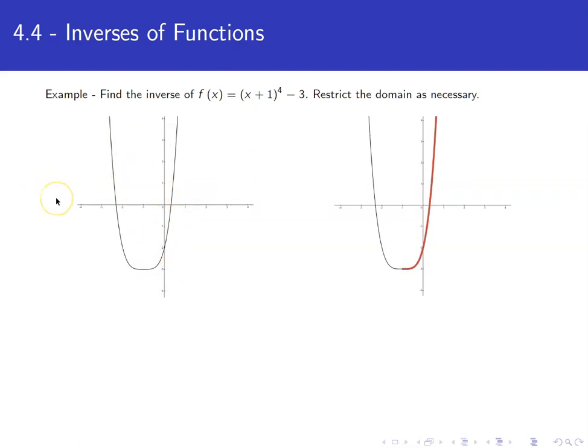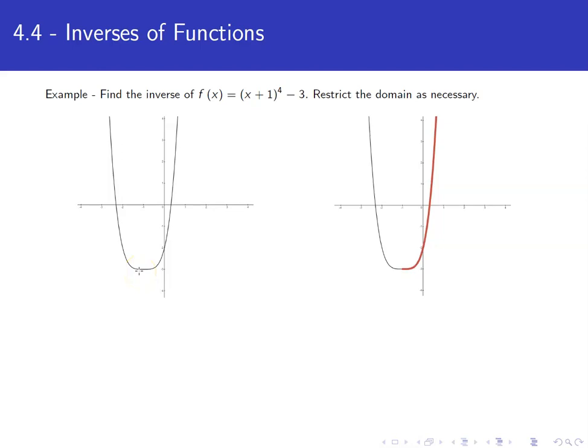This function does not pass the horizontal line test, which means if we look at the inverse, it's not going to be a function unless we restrict. So how do we decide how to restrict? Well, we usually restrict by looking at two things.